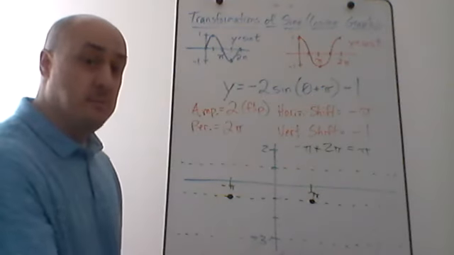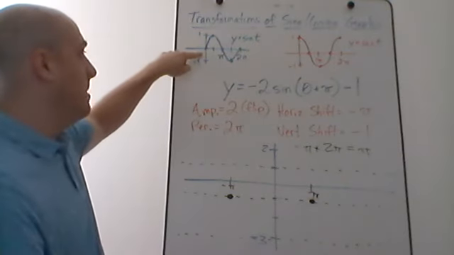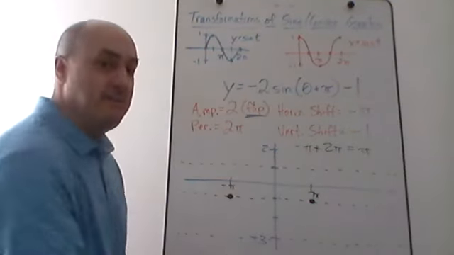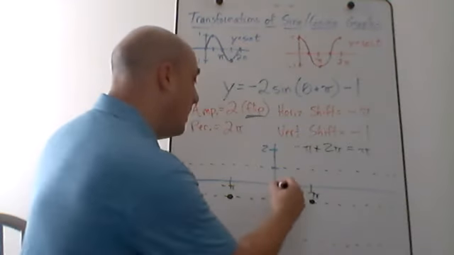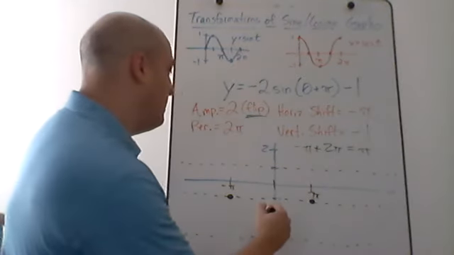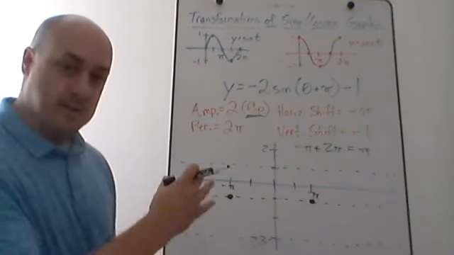Now I just have to fill in the points in between. So remember, for the sine function, usually we start in the middle and then we go up to the maximum point. But in this case, since we have that flip, we go the other way. We start in the middle. What I need to do is split this into 4 pieces. So in between those two, halfway would be at 0, and then I split each of those in half, and that's going to give me where I set up my other points.